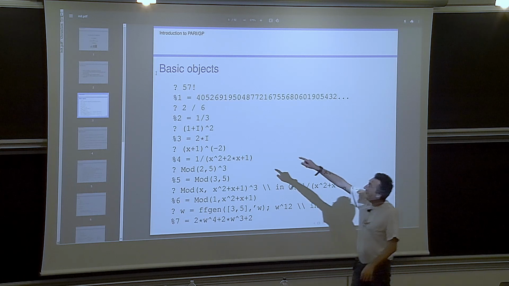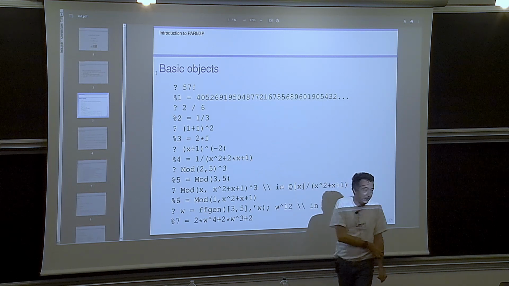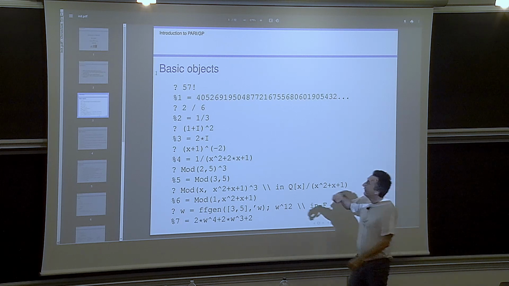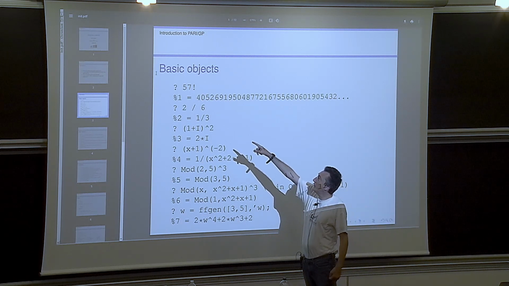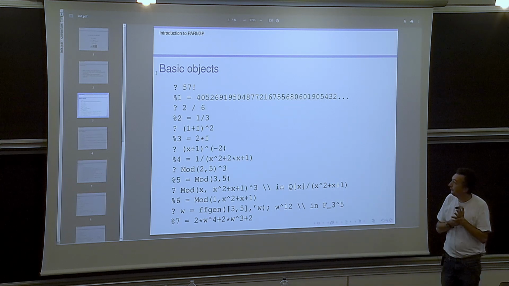This percent number is the history of the results. When you do a computation, you store it in the variable percent some number, so then you can recall it. For example, when you set percent 1 to this and you enter percent 1, you get back the result.